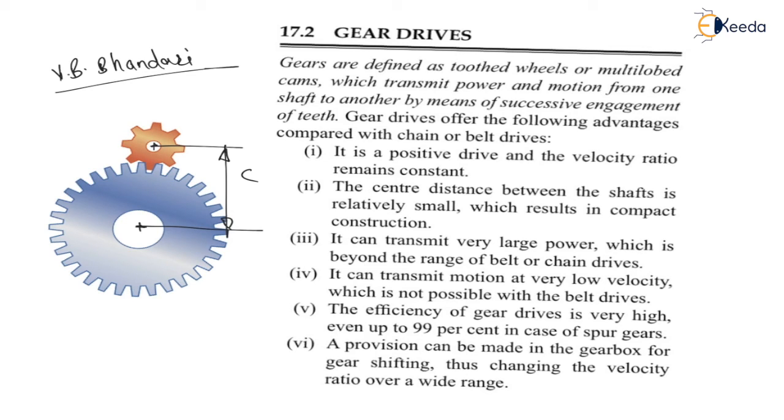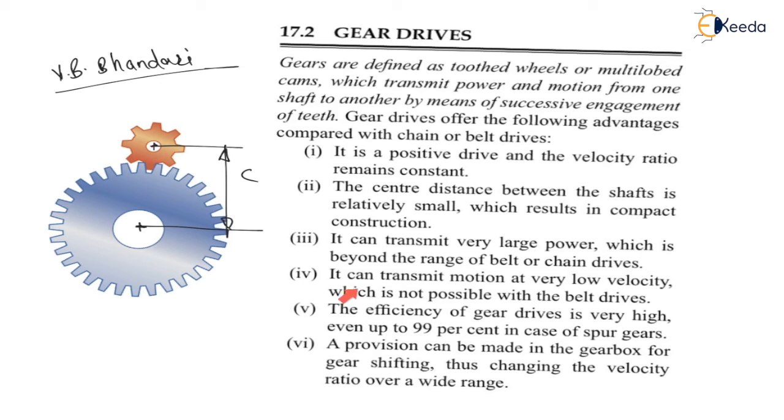Now the third advantage is it can transmit very large power which is beyond the range of belt and chain drive. If I want to transfer maximum power, then compulsorily we have to go for gear drives. Generally in vehicles gear drive is used, right? You can see in all the vehicles there is a gear drive.